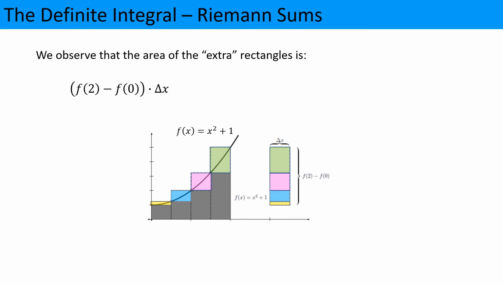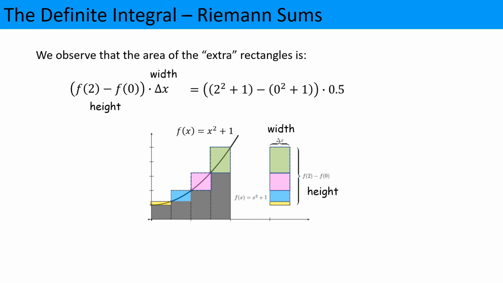The f of 2 minus f of 0 gives you the height of that rectangle, and the delta x gives us the width. So when we compute this, the x squared plus 1 is the function evaluated at 2, minus the 0 squared plus 1, the function evaluated at 0. That gives us the height, and we multiply it by 0.5 to give us the possible error.